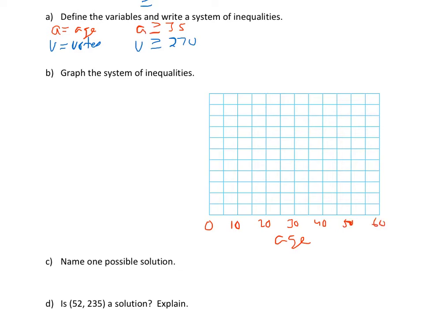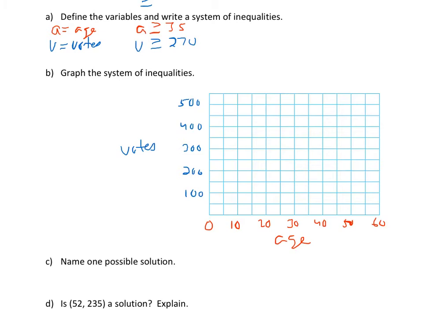And we'll have our vertical axis be votes, and that one will go by 50s, so 0, 50, 100, 150, 200, 250, 300, 350, 400, and then 500.